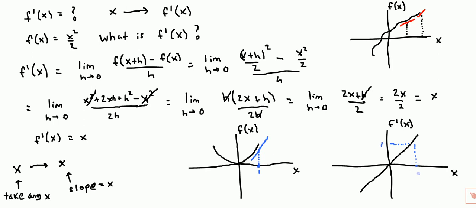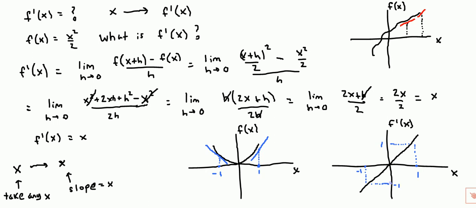Okay? What about negative 1? What is the slope at negative 1? F prime of x equals x. So at x equals negative 1, f prime of x is negative 1, right?